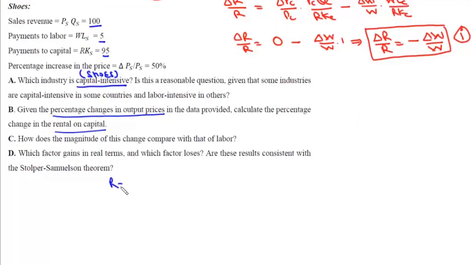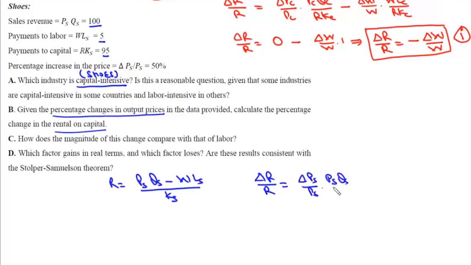Now for shoes, R is given by PSQS minus WLS upon KS, or the percentage change in rental is given by delta PS upon PS into PSQS upon RKS minus delta W upon W into WLS upon RKS.